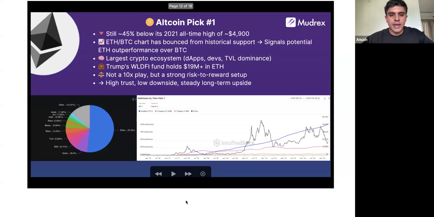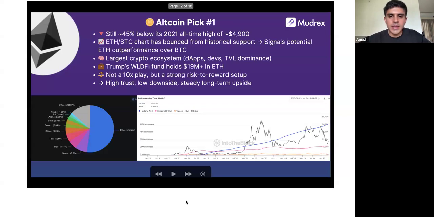Now, recently, ETH to BTC bounced from a very key historical base formation, which we discussed, right? A very key historical support level. Now, in previous cycles, ETH has bottomed and just begun a strong trend of outperformance. This bounce is significant because it signals that Ethereum may be gearing up to outperform Bitcoin again, just as capital starts rotating back into altcoins.